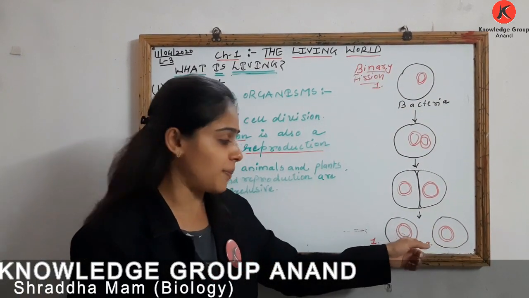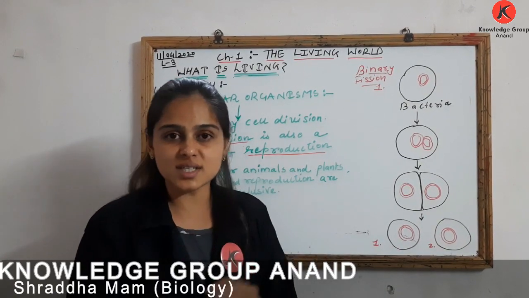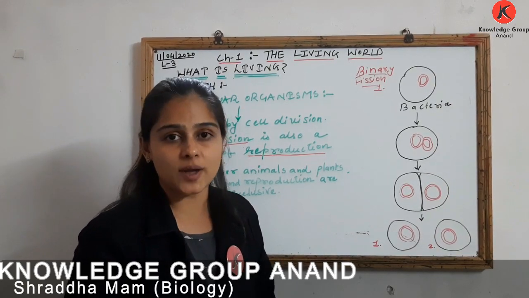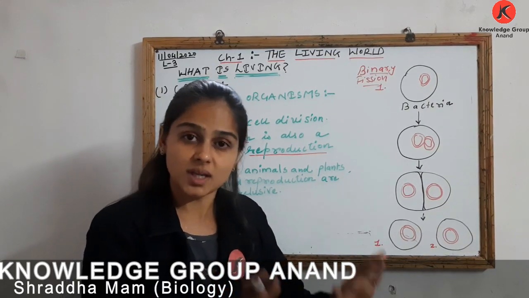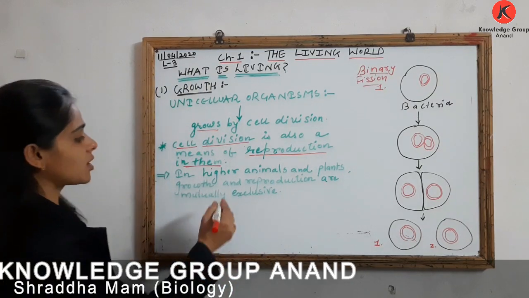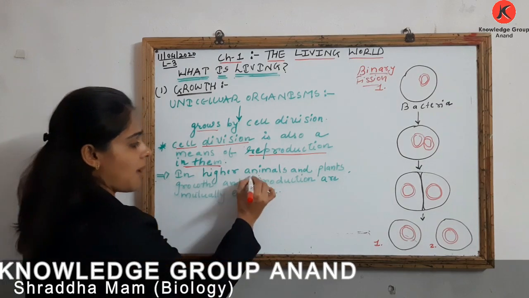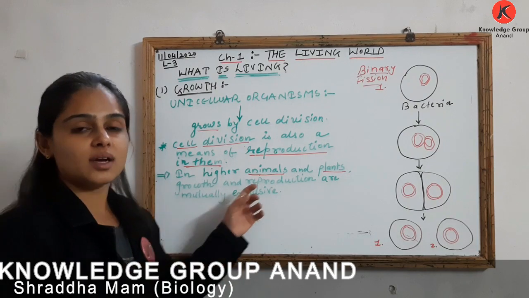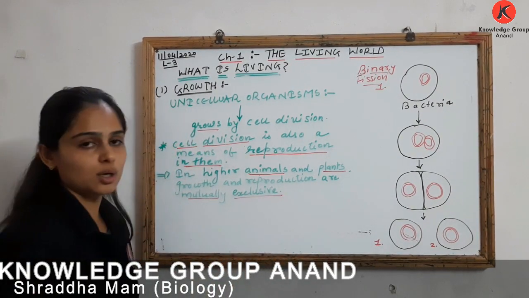Why growth? Because what is happening here? Increase in number of organisms. Okay, so in unicellular organisms like your bacteria, or if you are talking about amoeba, growth and reproduction, both processes are the same in unicellular organisms. But if we are talking about higher animals and plants, growth and reproduction are mutually exclusive.